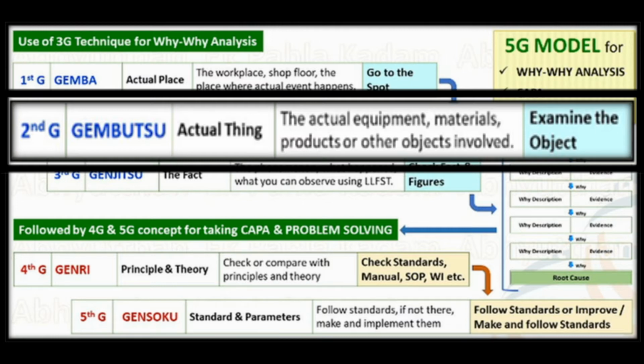Examine the object there. What is the reason behind the problem and why did it happen? So genbutsu is the second G of this 5G model.